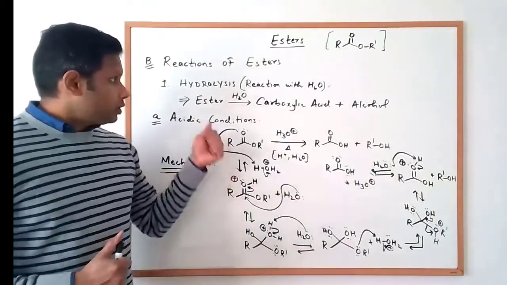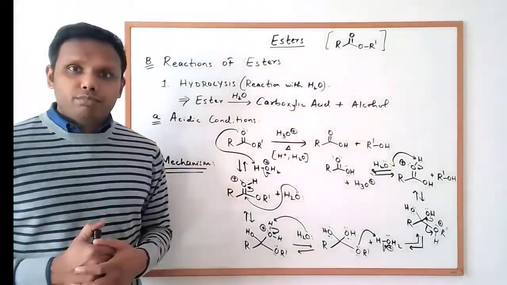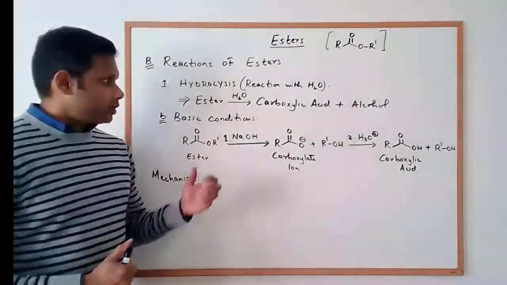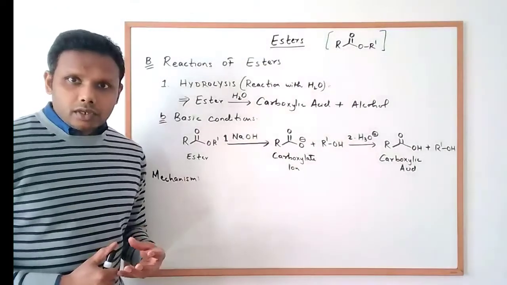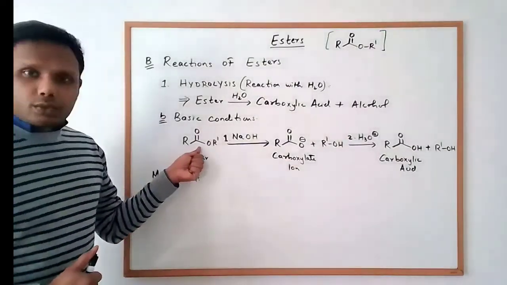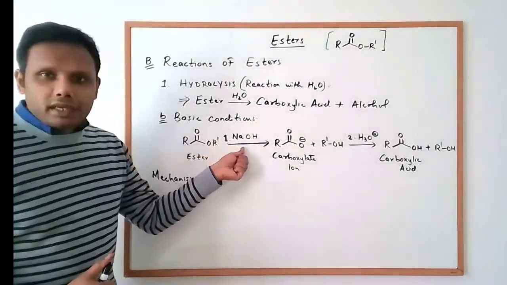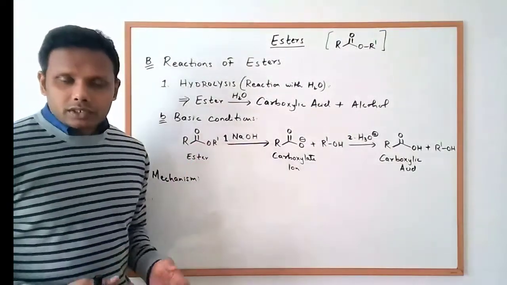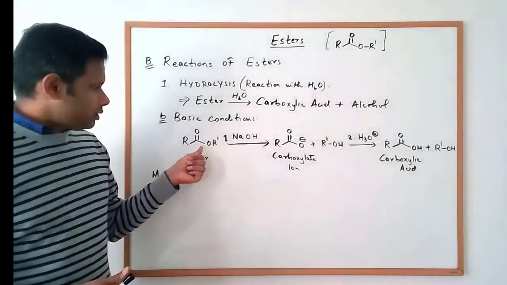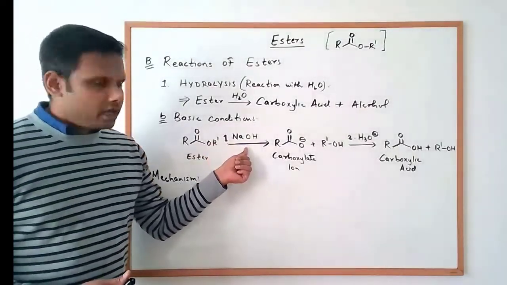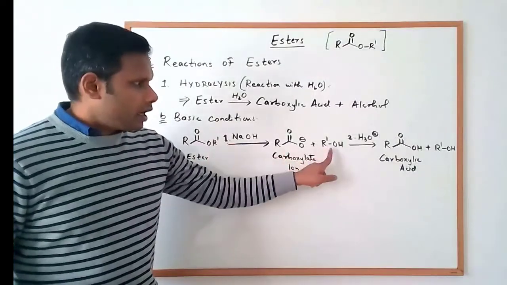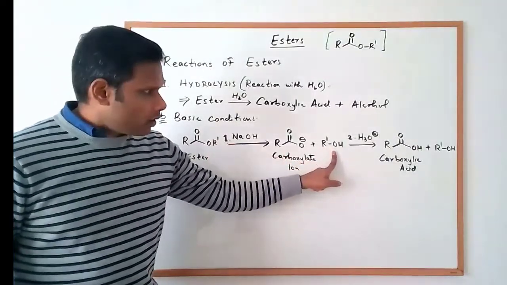Next, we're going to look at hydrolysis under basic conditions. So under basic conditions, the hydrolysis of an ester is done in two steps. You initially react the ester with a base. I'm using sodium hydroxide, a very classic base here. And so when you do this reaction, the ester reacts with your base to give you a carboxylate ion and then an alcohol.